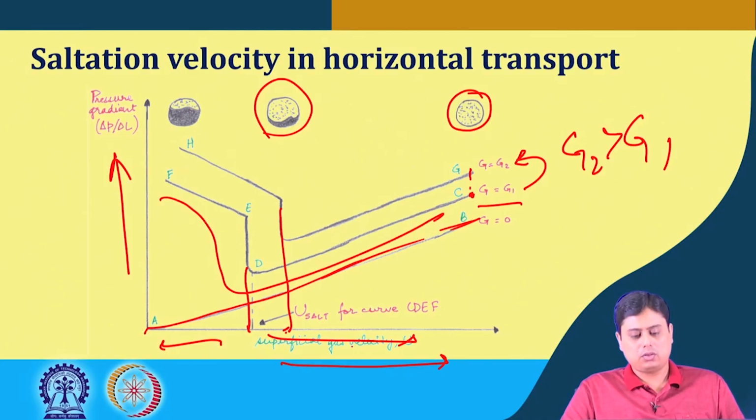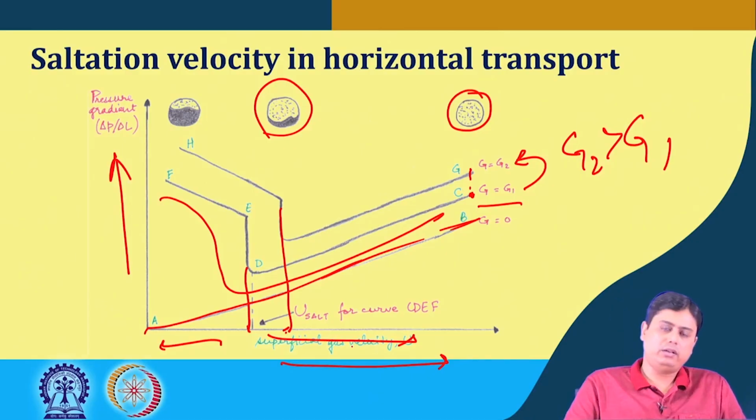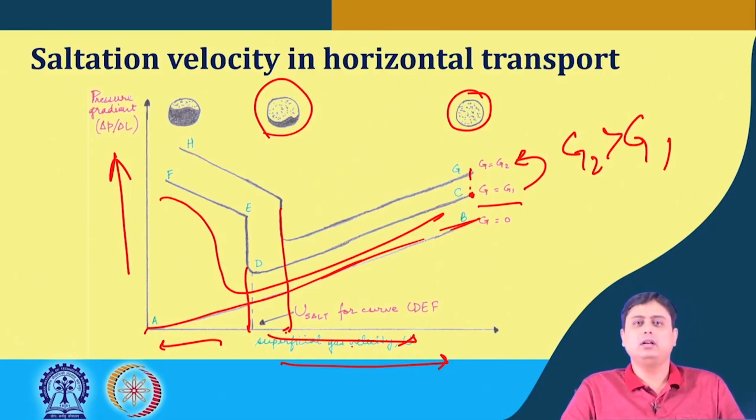So in this case also we can arrive at the saltation velocity for a particular superficial gas velocity by increasing the solids concentration, or for a particular solids concentration, if we decrease the superficial gas velocity, we can arrive at the saltation velocity.